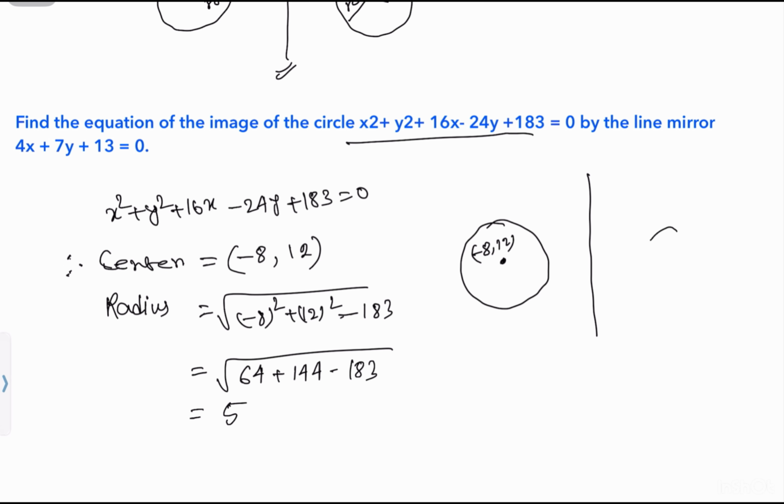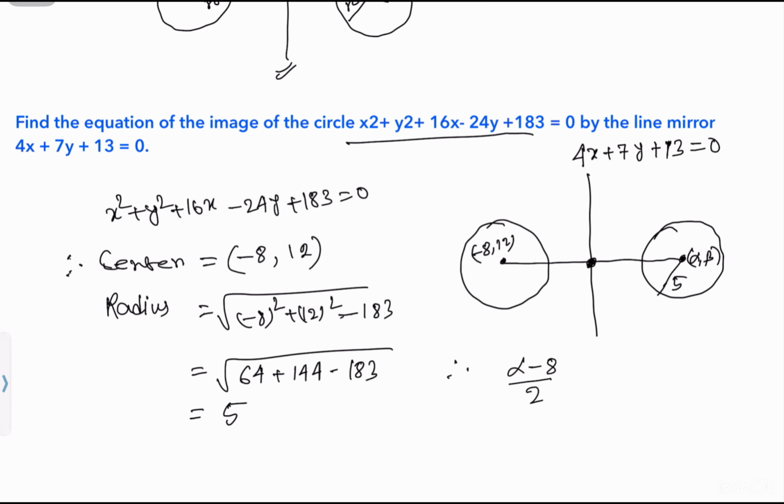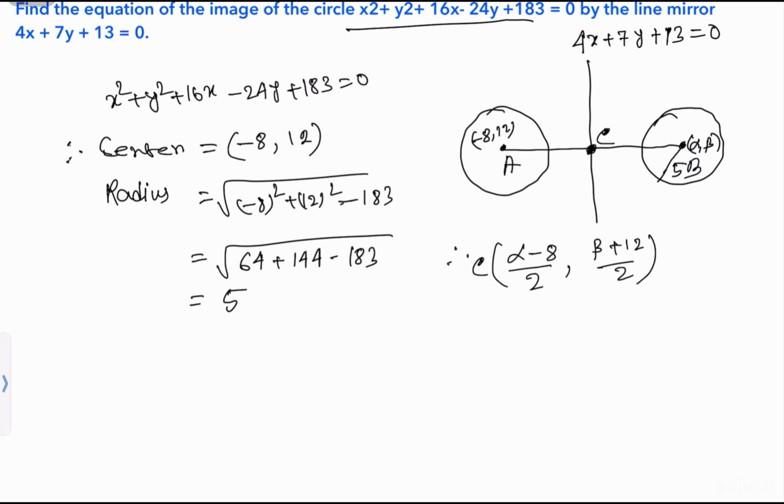The image circle also has radius 5, but I have to find the center. The line equation is 4x plus 7y plus 13 equal to 0. From here to here, this should be the middle point. Take alpha comma beta here. The coordinate of C is alpha minus 8 by 2, beta plus 12 by 2. Name this A and this B. The coordinate of C must satisfy the line equation.